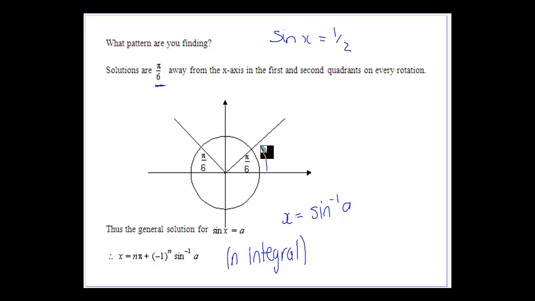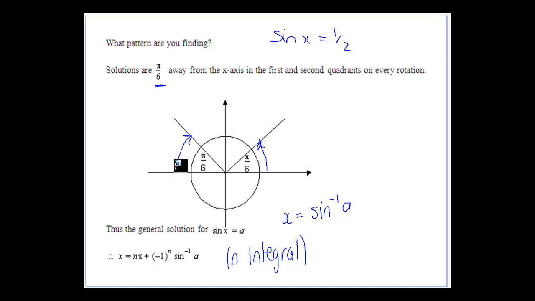So it's pi on 6 away from our positive x-axis and pi on 6 away from our negative x-axis there. So if that's the case, then we're going to have to come up with a way to describe our pattern. But now when we're on the positive x-axis, we want to add pi on 6, but when we're on the negative x-axis, we want to subtract pi on 6.